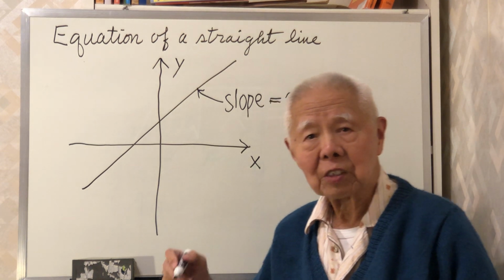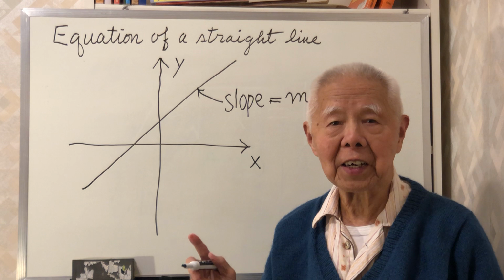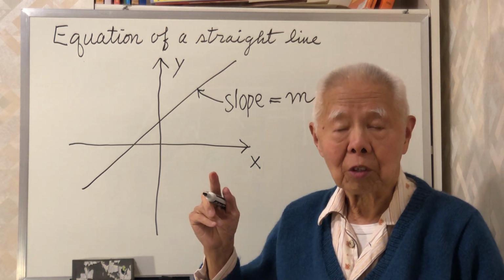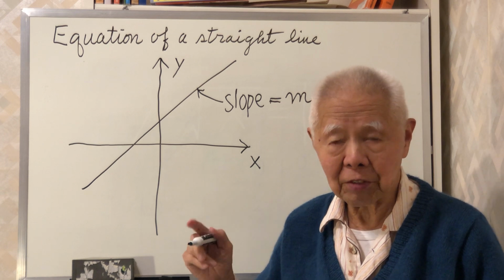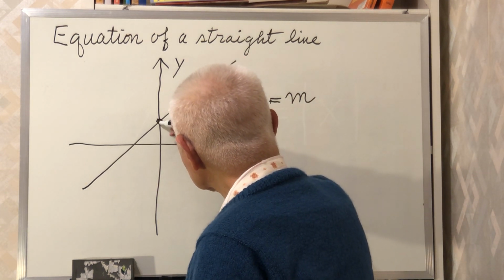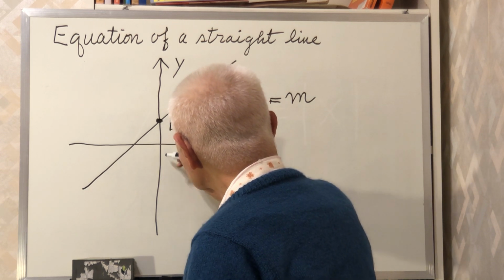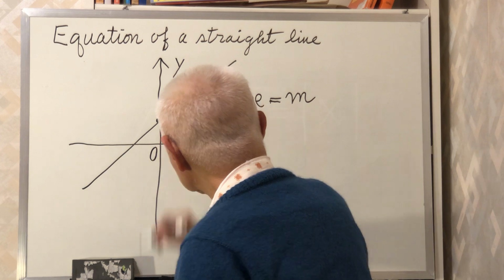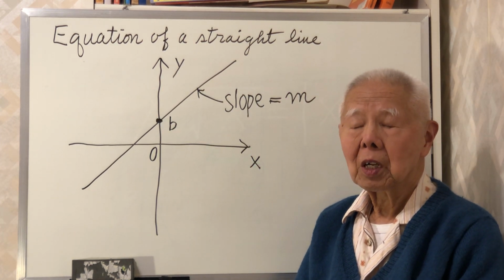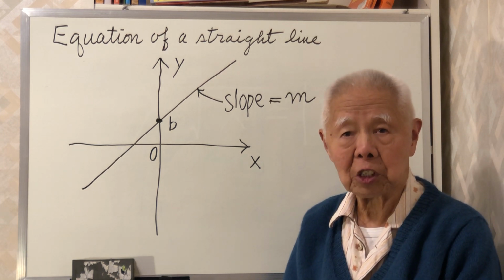And there is a point given, and the point is on the y-axis. That is, the y-intercept is given. The y-intercept is b. So what is the equation of this line?